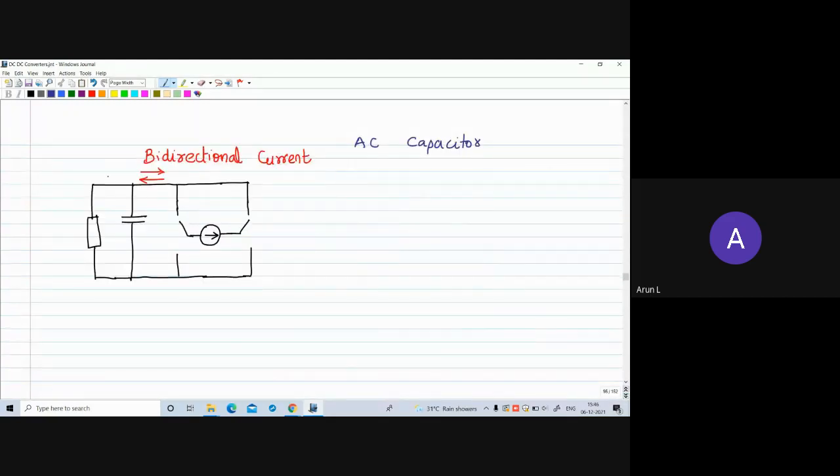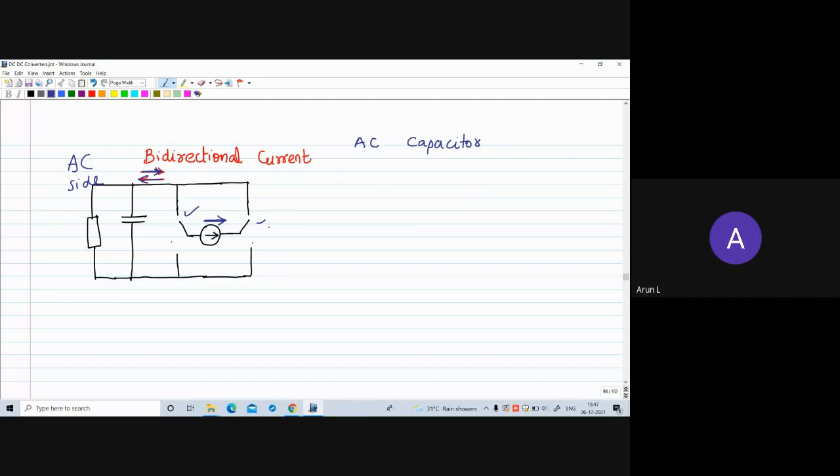Now we have bidirectional current at this end and unidirectional current here. Here we need an AC capacitor because this left side is now our AC side. We have interchanged the positions of source and sink. So here you have bidirectional current, and here you have unidirectional current.